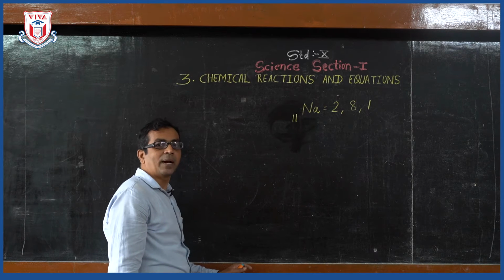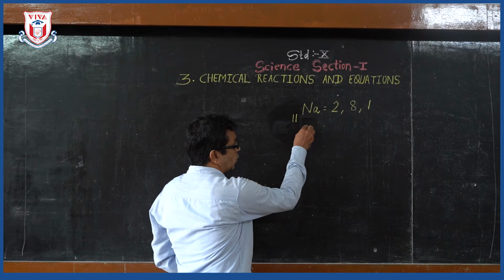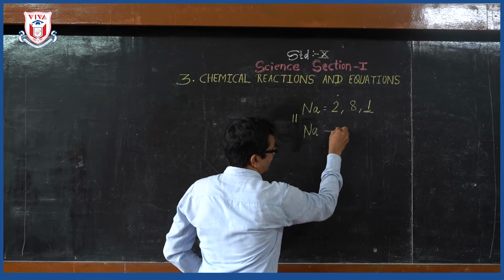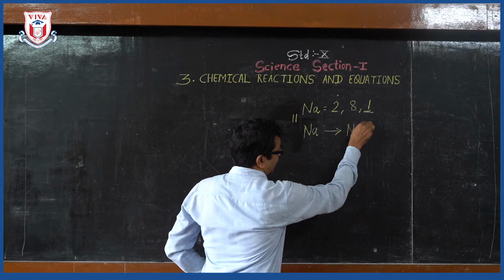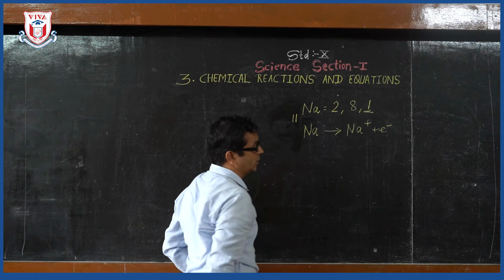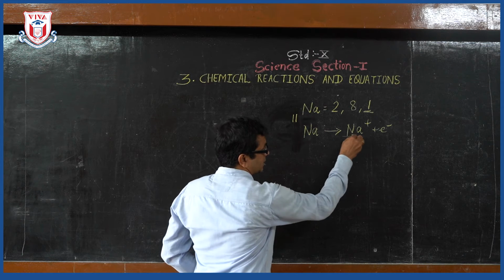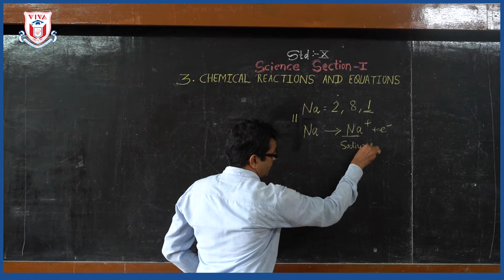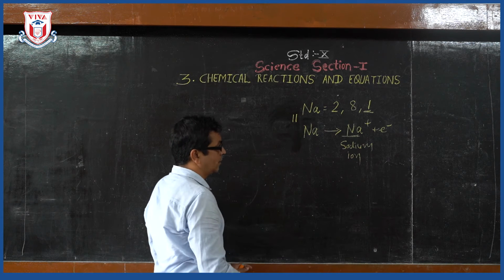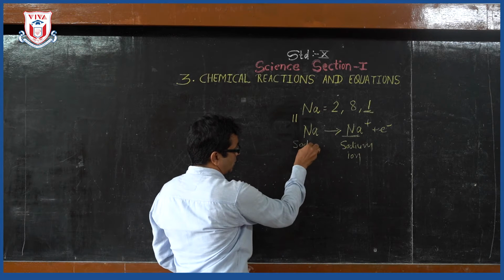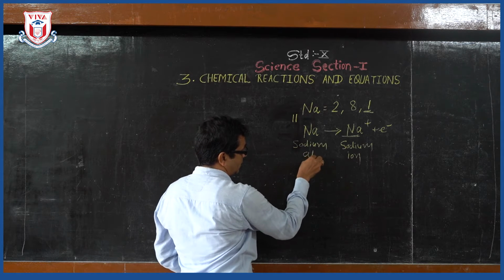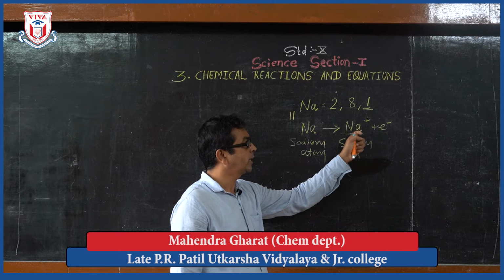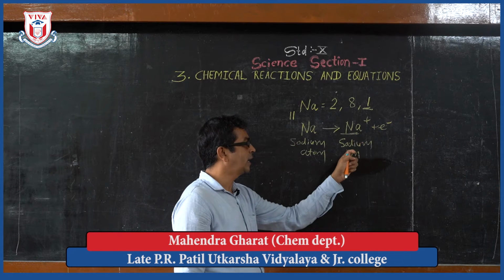When sodium takes part in a chemical reaction, sodium loses 1 electron which is present in the outermost shell, and it is converted into Na plus. This Na plus is called a sodium ion. This is a sodium atom. Sodium will lose 1 electron and it will give you Na plus, which is called a sodium ion.